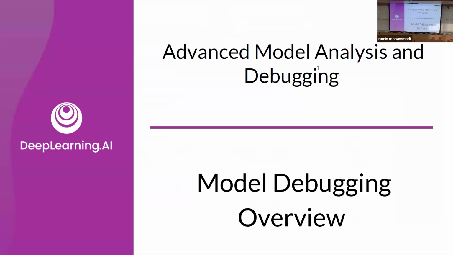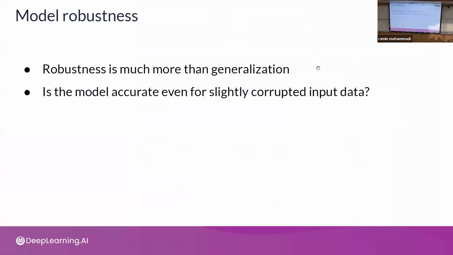Now, the next thing we're going to talk about is model debugging, and just overall how you can debug your model or understand if something is wrong with your model. The first thing is the definition between robustness and generalization, okay? These two terms might sometimes be used together, but they're actually pretty different.